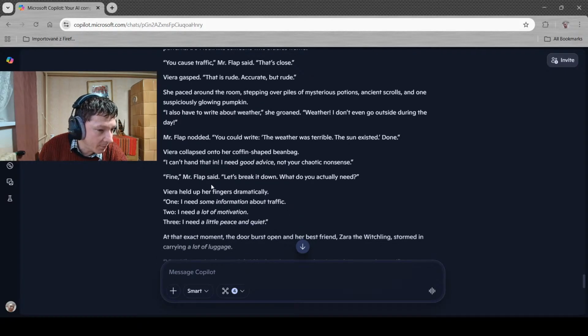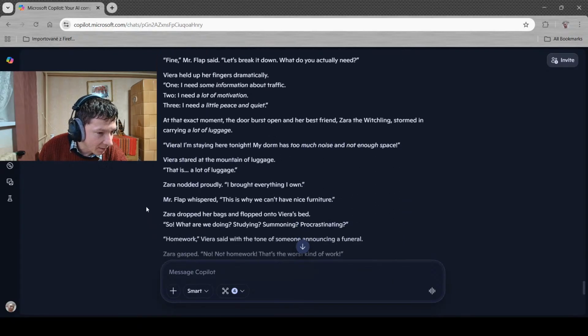"Fine," Mr. Flap said. "Let's break it down. What do you actually need?" Viera held up her fingers dramatically. "One, I need some information about traffic. Two, I need a lot of motivation. Three, I need a little peace and quiet." At that exact moment, the door burst open and her best friend, Zara the Witchling, stormed in carrying a lot of luggage.